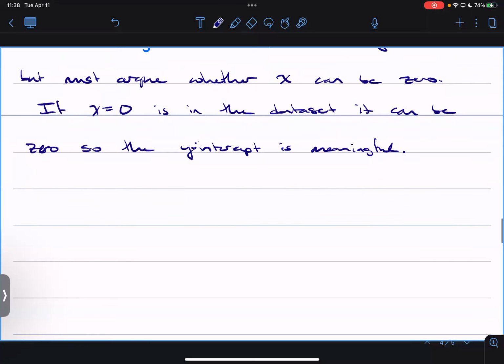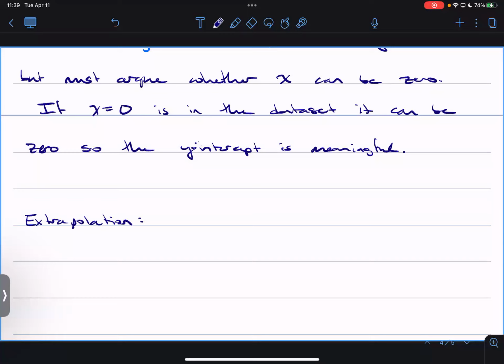All right. So now this leads me to extrapolation. Extrapolation is when we use the model to predict values of y outside the range of our data, or the domain of our data, I guess.